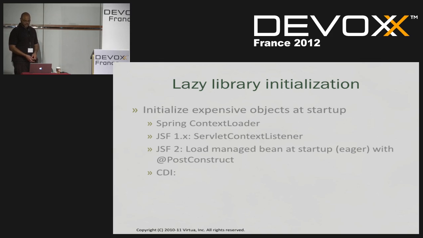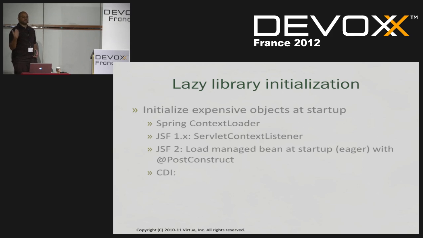What you can do is initialize the objects at startup, and there are a few different ways to do this. One is to use the Spring context loader. In JSF 1.x, you could use the servlet context listener, which has methods that get executed when the servlet context gets created, okay? In JSF 2, any managed bean can have a PostConstruct, or an eager attribute, okay?